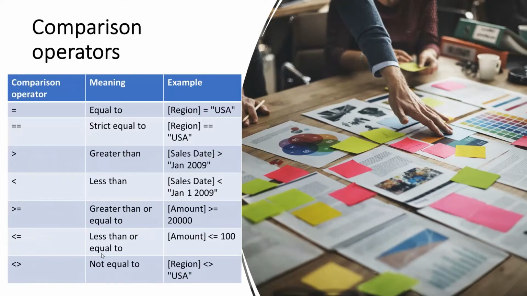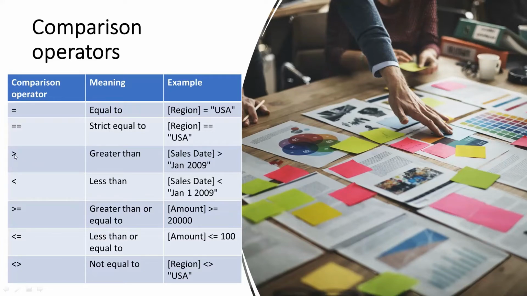The next type of operators in DAX are your comparison operators. The comparison operators are used to compare two different values. So the comparison can be done on the basis of equal to. There is one more operator which is called strict equal to.